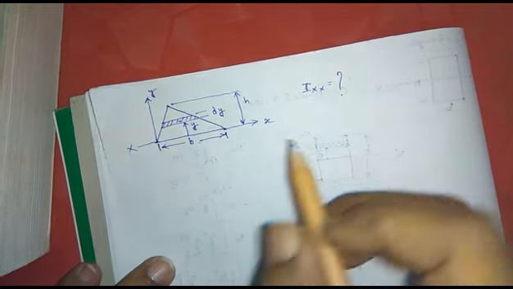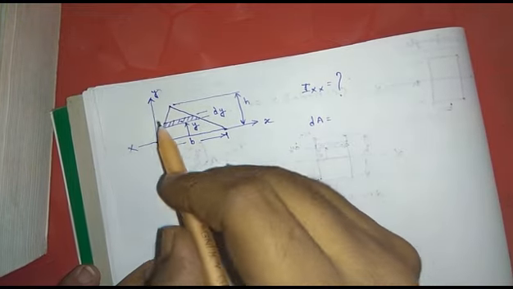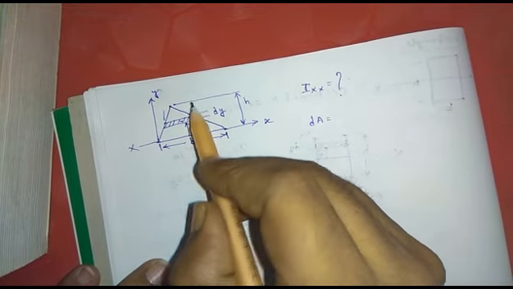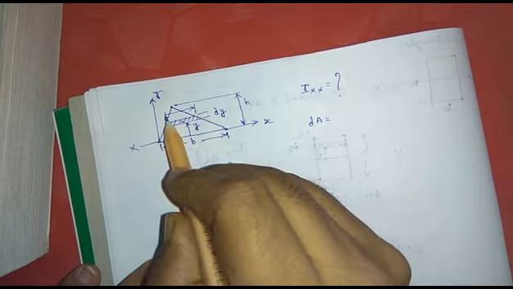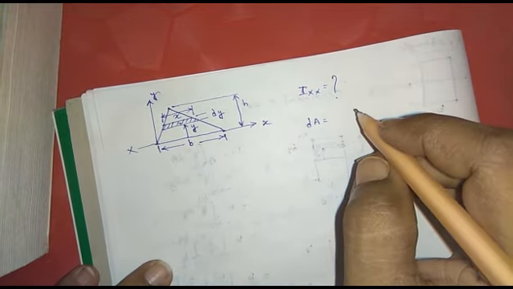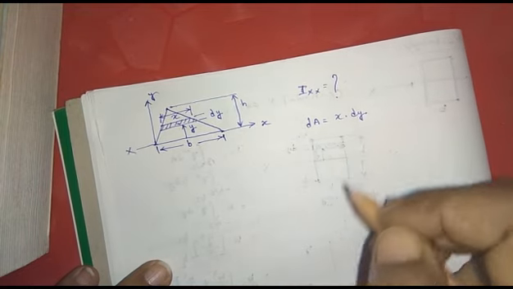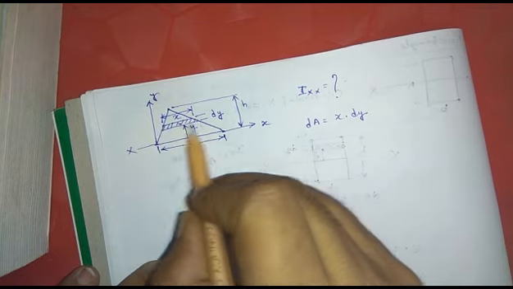So what will be the area of this rectangle? Say this length is x, into dy. So this is the area of this rectangle.